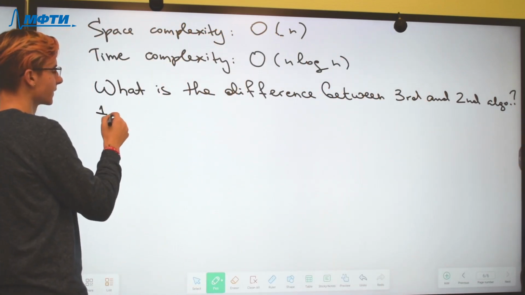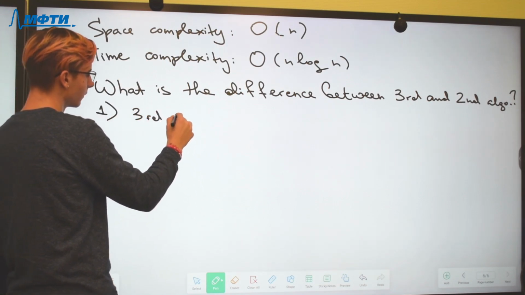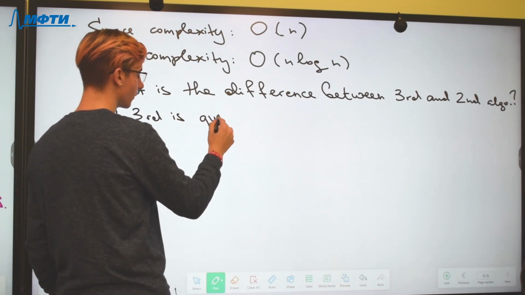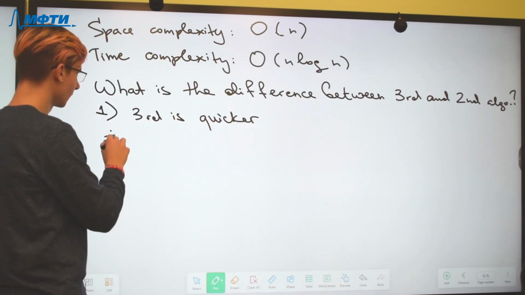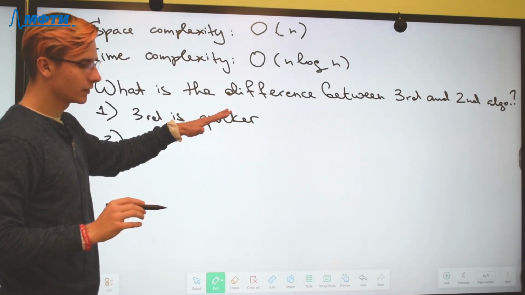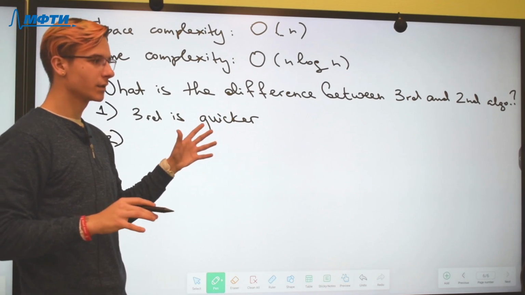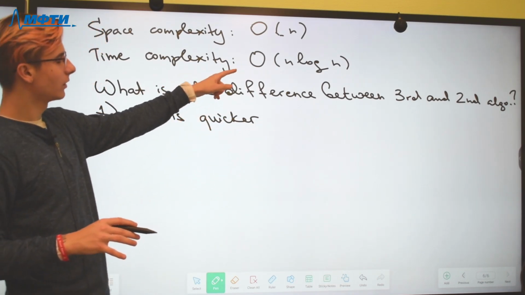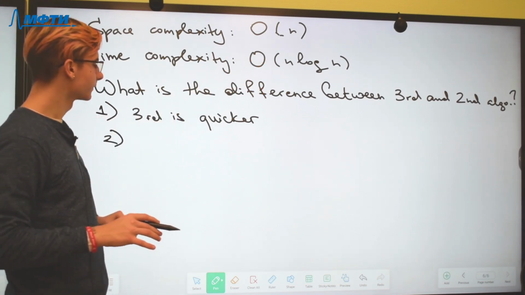Firstly, we see that the third is quicker. So it is the improvement of the third algorithm that we got a better asymptotic time for it.